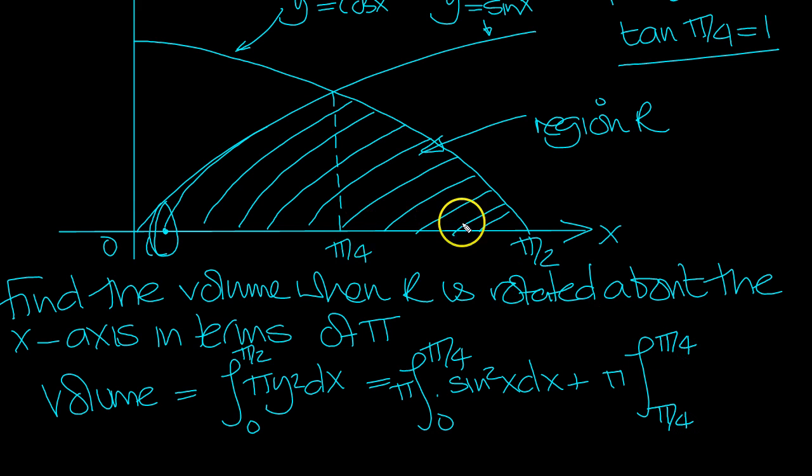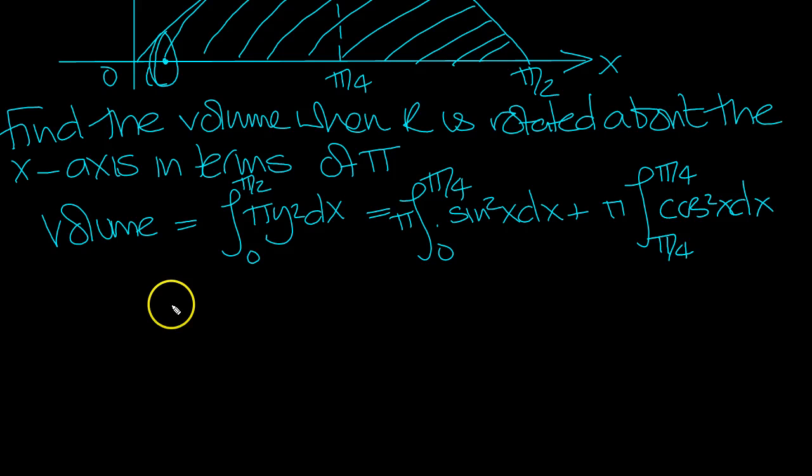And on this side, the region R, the heights are defined by the cos, aren't they? So it'll be cos squared. Okay. Right, so what have we got then? So it's equal to pi, the integral 0 to pi over 4.